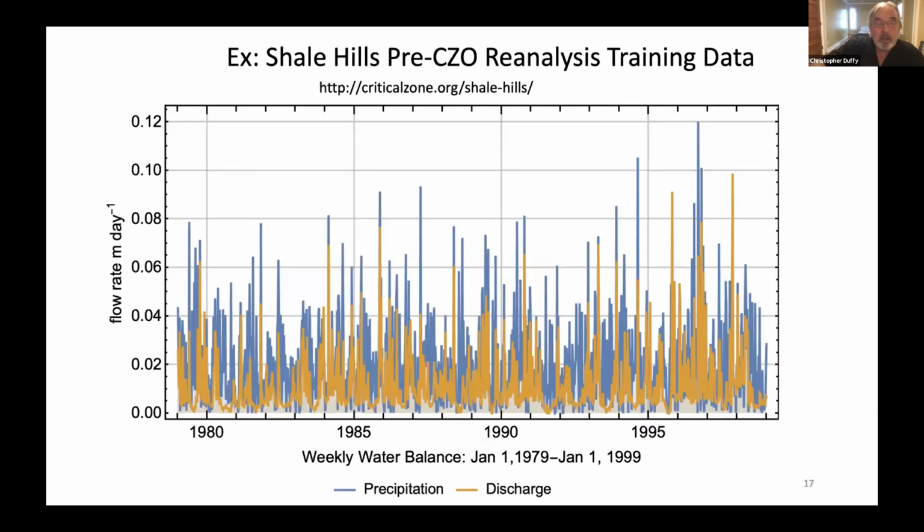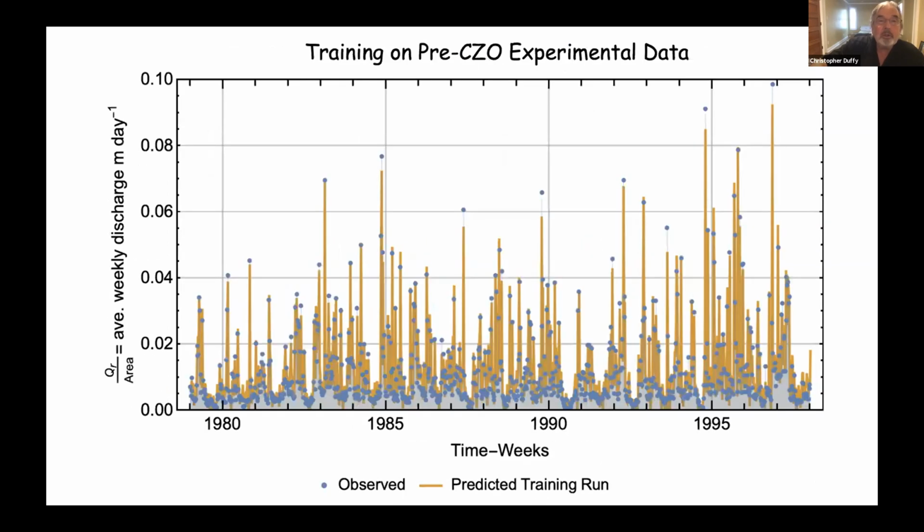Here's a reanalysis training data set we used from 1979 to 99 that's showing rainfall and runoff at Shale Hills. Then here's the training experiment using the pre-CZO, or pre-detailed observation, experimental data, and simply using reanalysis and the hydrologic model as the 2 inputs and outputs.